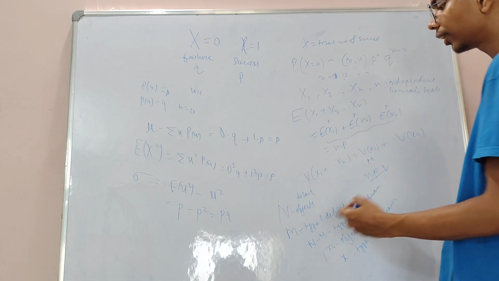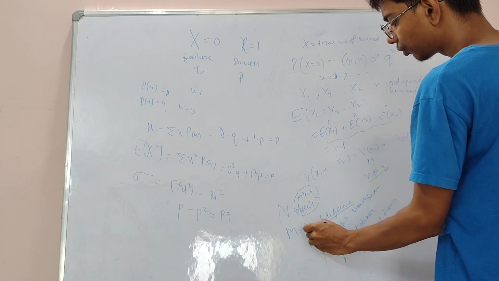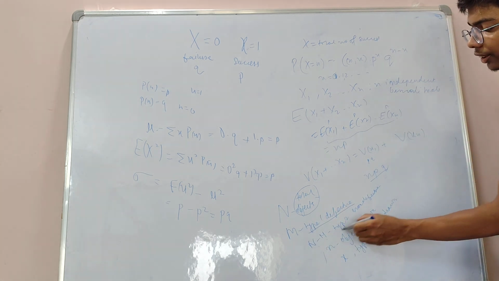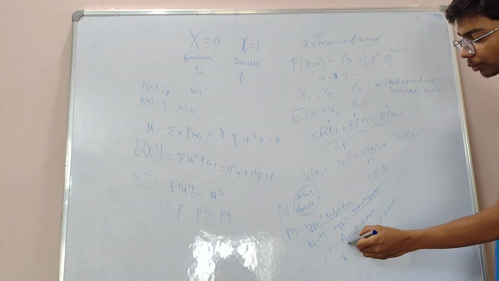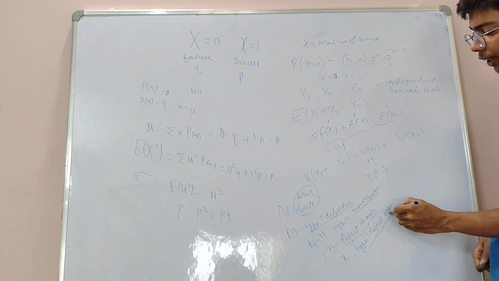So what is the setup? There are capital N total objects, capital M of type 1 defective, N minus M non-defective, small n objects drawn, and x is the number of type 1 objects drawn.